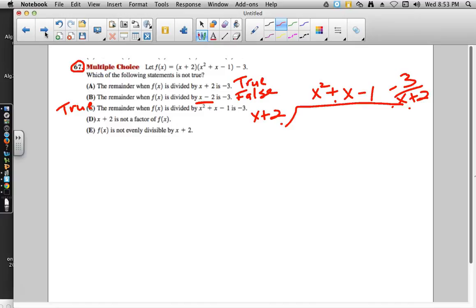I mean, remember that our remainder has to come out to be 0 to be a factor, so this one is also true. And then E says f of x is not evenly divisible by x plus 2. Again, we had a remainder. That is absolutely true. It is not evenly divisible. So it definitely is, in any situation, best answer or not. B is the statement that is not true.